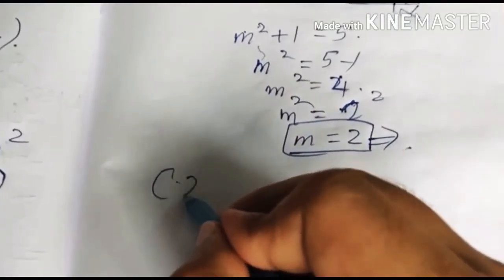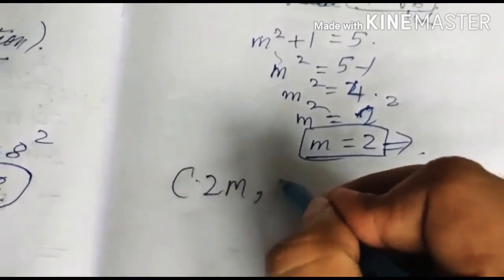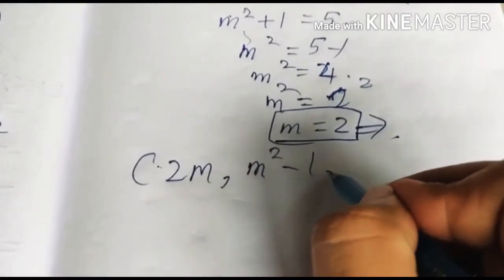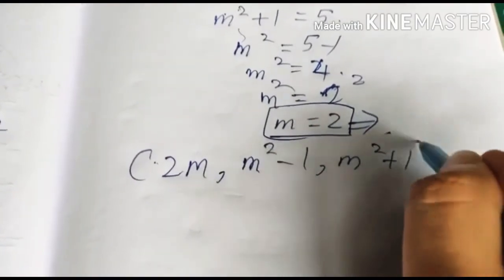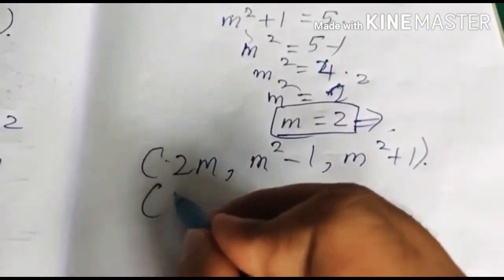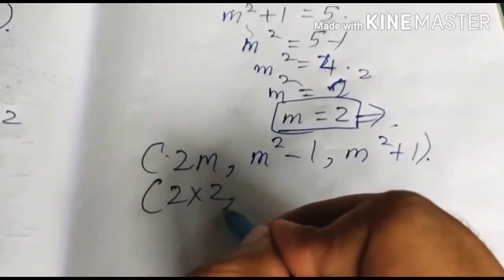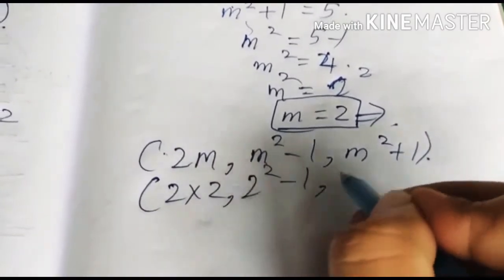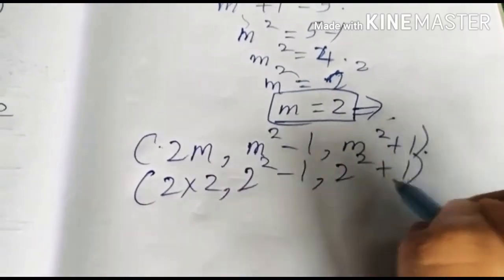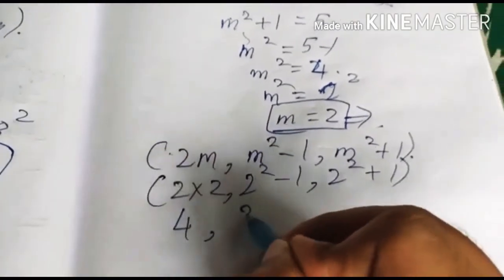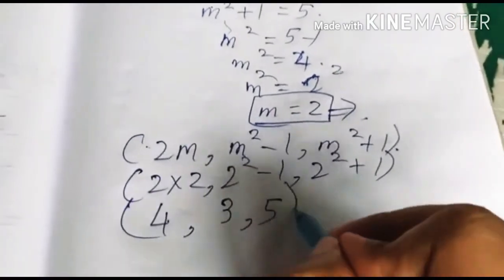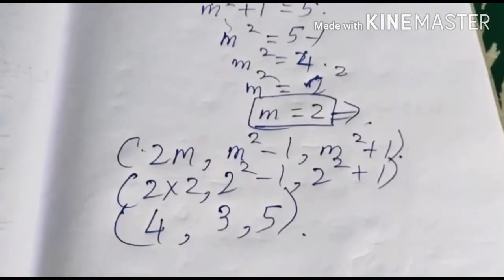So what will be our general set? 2m, m square minus 1, m square plus 1. So 2 into 2, 2 to the power 2 minus 1, 2 to the power 2 plus 1. This will come 4, 3, 5. This is our set, a triplet.